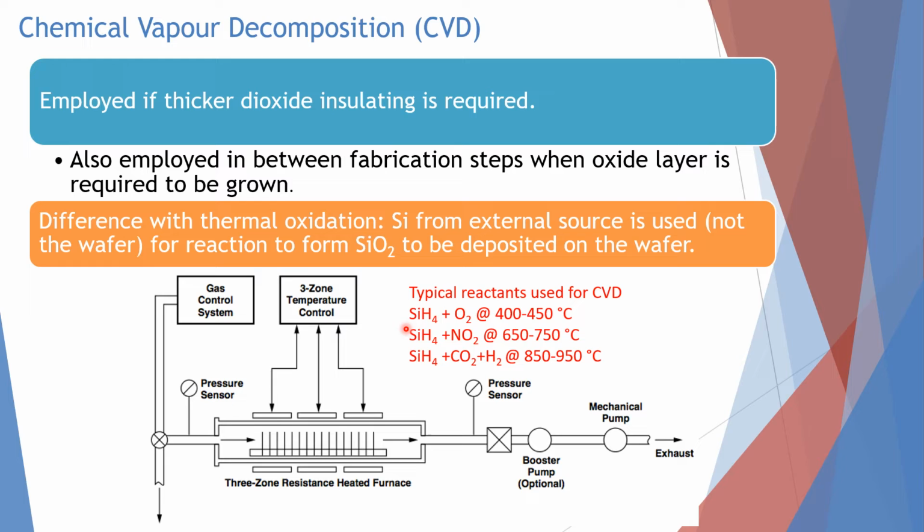The first one is SiH4 with oxygen at a temperature of 400 to 450 degrees Celsius supplied into the chamber. You can also use SiH4 with NO2 at a temperature of 650 to 750 degrees Celsius, or SiH4 plus carbon dioxide and hydrogen at 850 to 950 degrees Celsius.